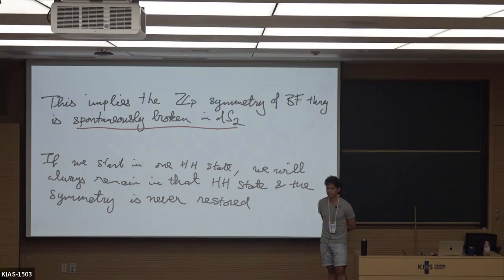So in this topological theory, what's the signature of the fact that de Sitter has a finite temperature? This is why I said that this is trivial and that you should complain. This is a topological theory, and it does not feel at all that it's on de Sitter. I could have made this argument on any background, and it would be the same.